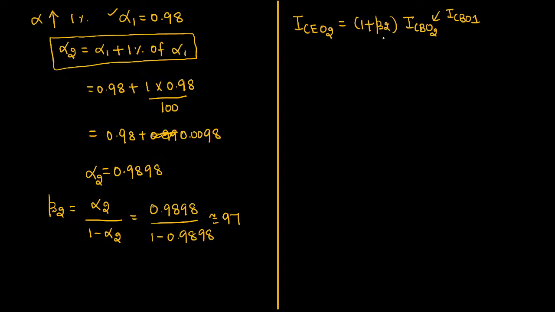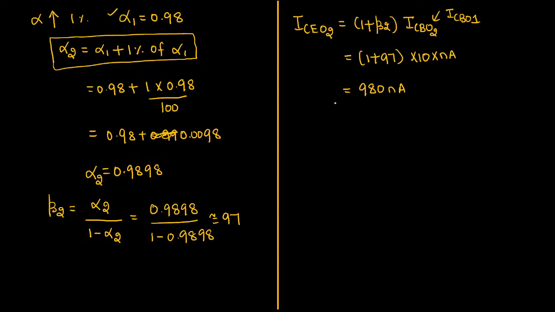The only thing is they are changing the value of alpha, because of that beta also gets changed. So it will become 1 plus 97 into 10 nanoampere. So I can write 98 into 10, it will become 980 nanoampere. That is case number 2.